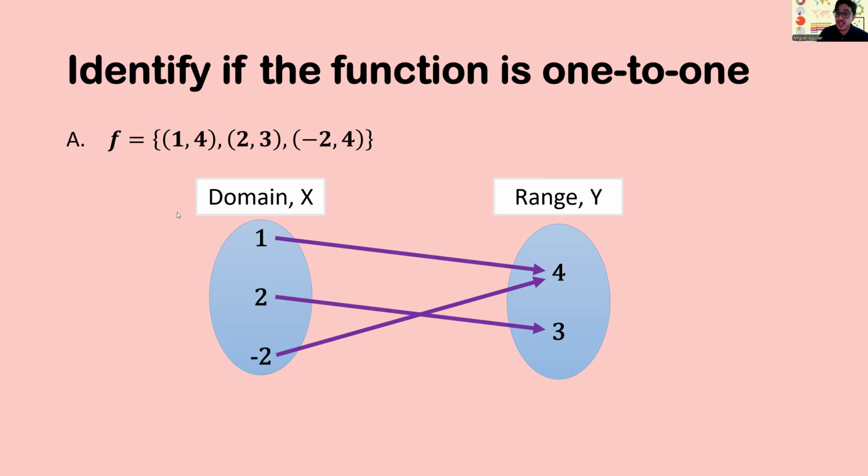No, it's not, because a one-to-one function has that additional requirement that not only do the husbands only have one wife, but now the wives must have only one husband. And this wife right here has two husbands. Does that make sense?